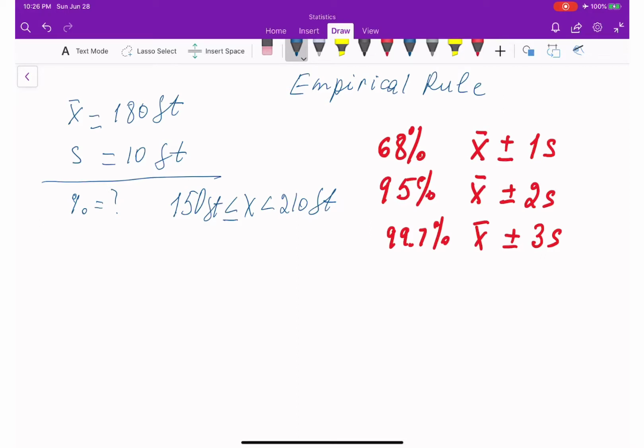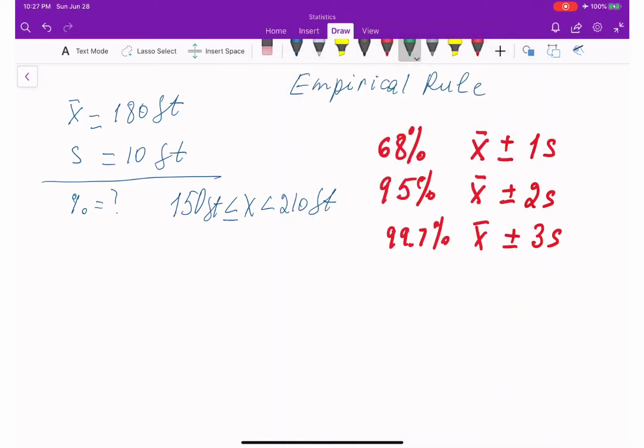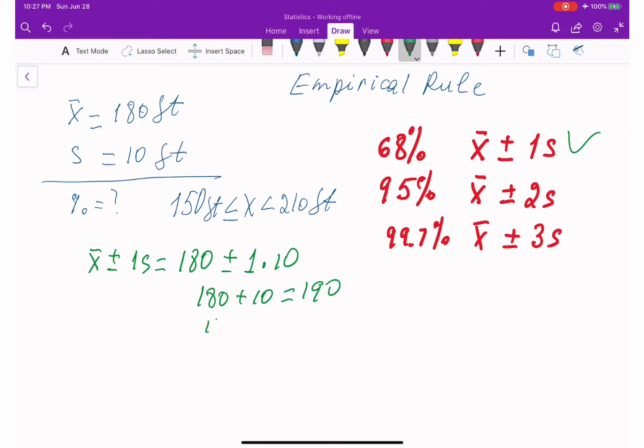Okay, so the first step: we are going to test 68%. x bar is 180, so x bar plus or minus 1s is 180 plus or minus 1 times the standard deviation, which is 10. 180 plus 10 is 190, and 180 minus 10 is 170.